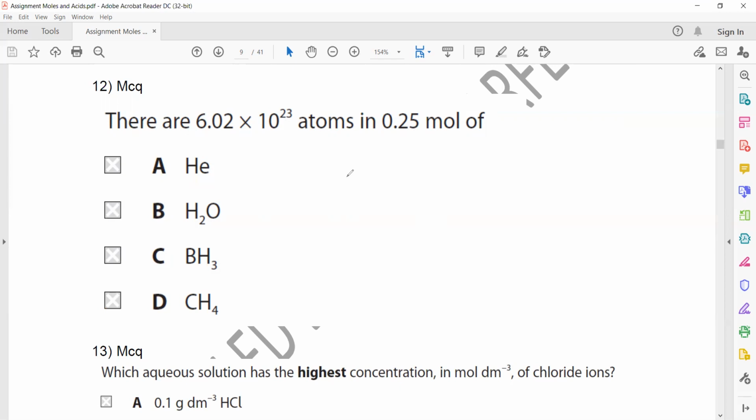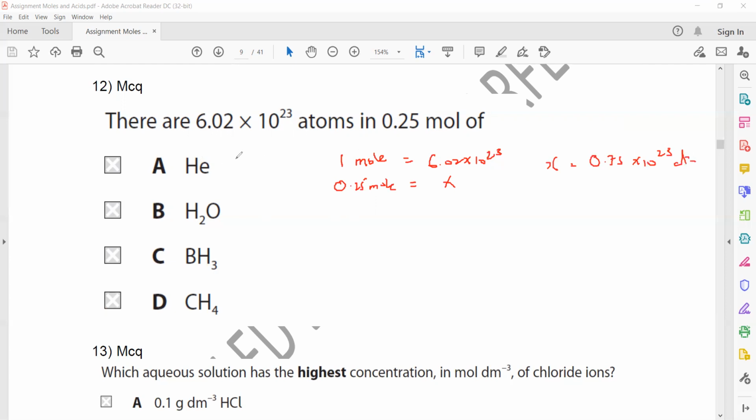We know 1 mole of anything will have 6.02 into 10 to the power 23 particles, and helium exists as a monoatomic gas. So if we have 0.25 moles, it will be X. Cross multiply, and this comes out as 0.75 into 10 to the power 23 atoms.